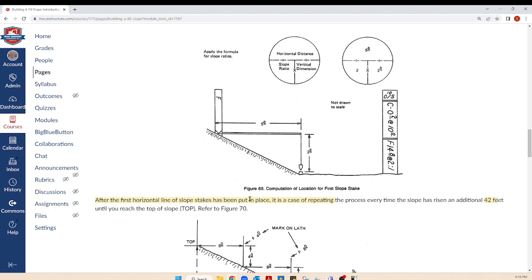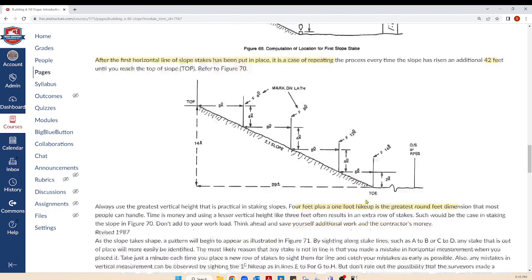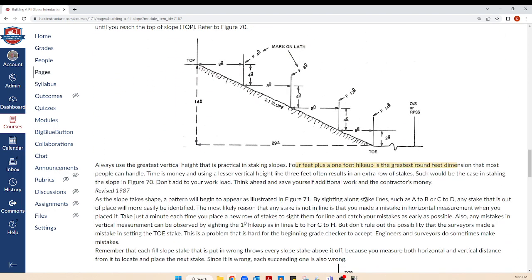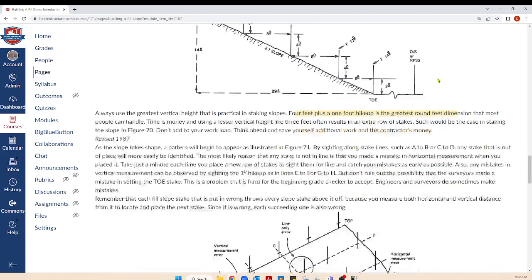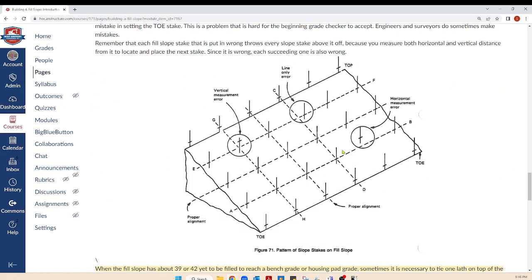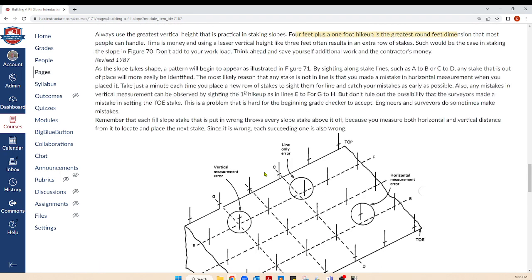Here's figure 69. I don't know what they could be talking about. But this is a way to get you a slope that you desired or requested. And this is the picture that shows you a slope in a three-dimensional format.